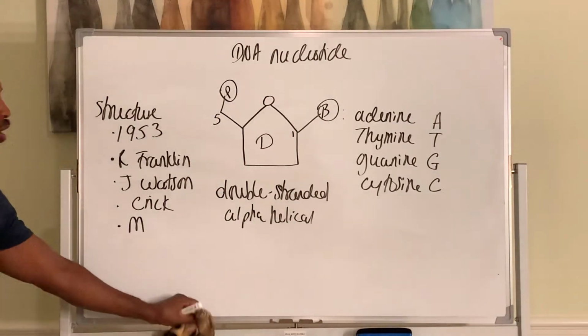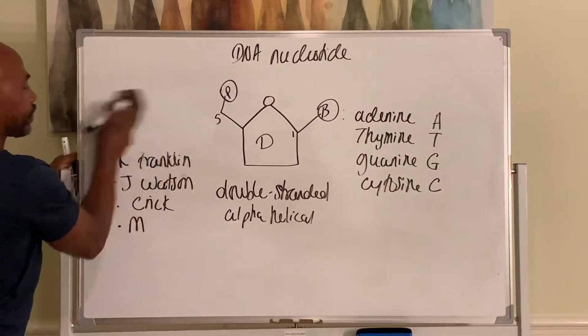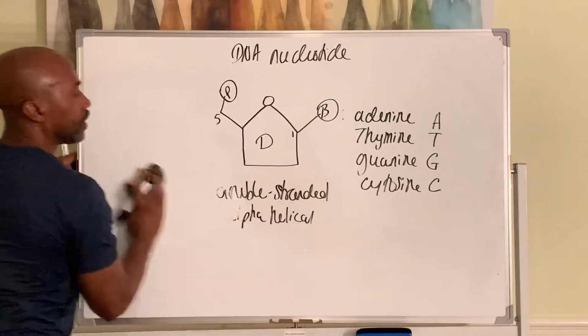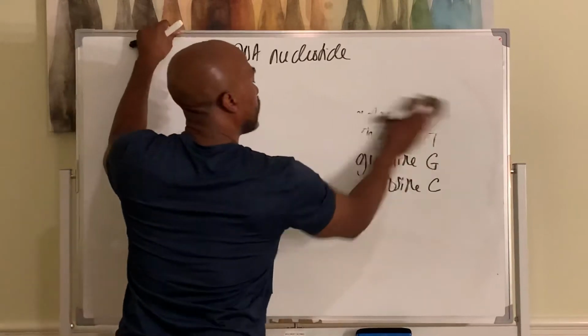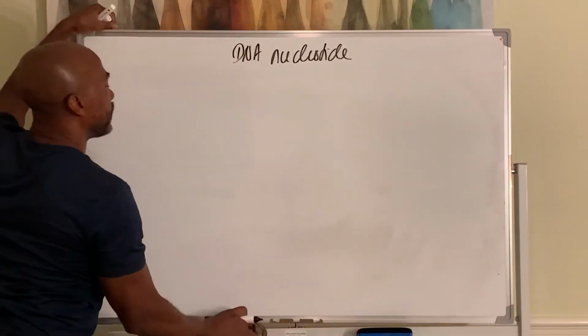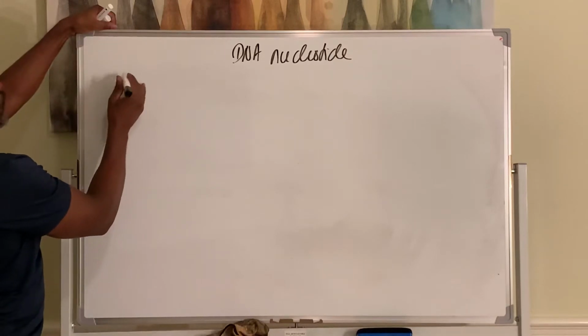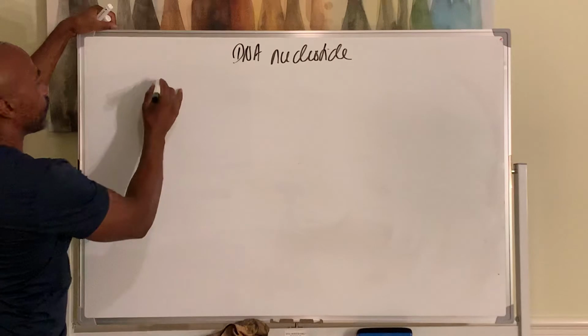So let's draw for you how DNA is put together. All right. So DNA is double strand. So let's draw one strand of DNA first.